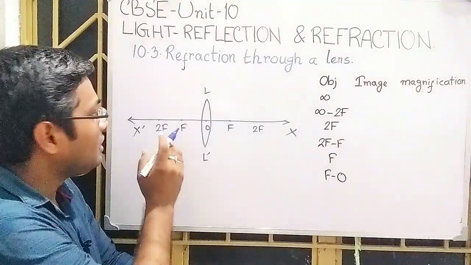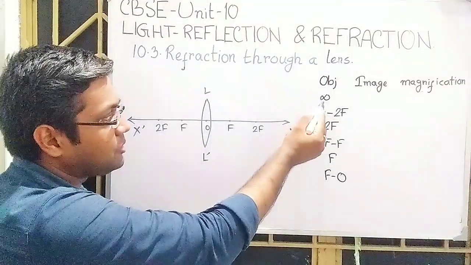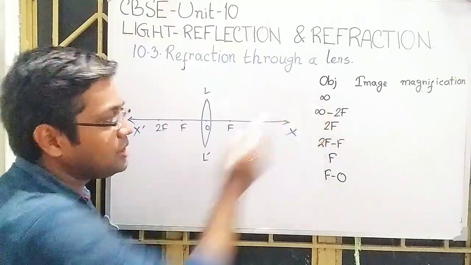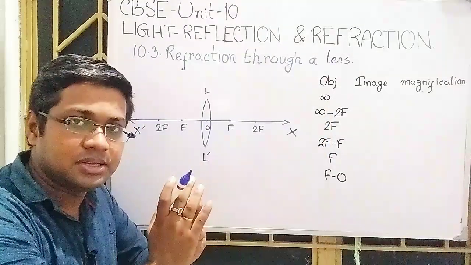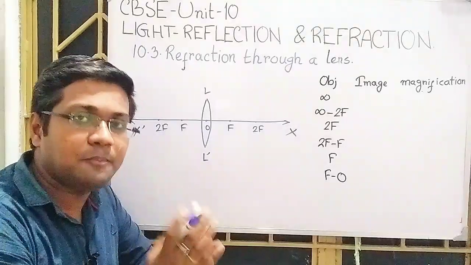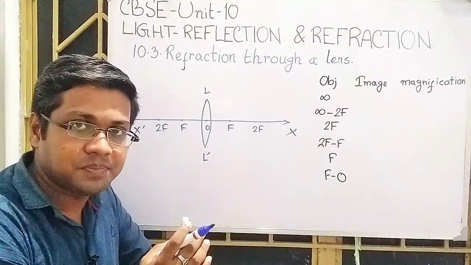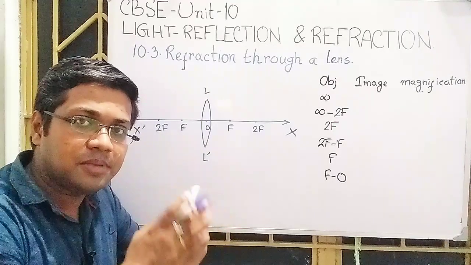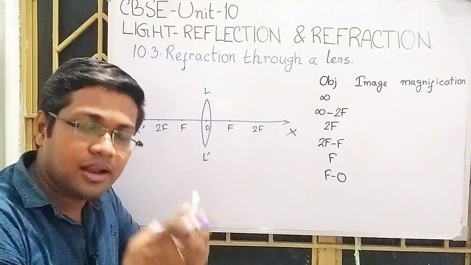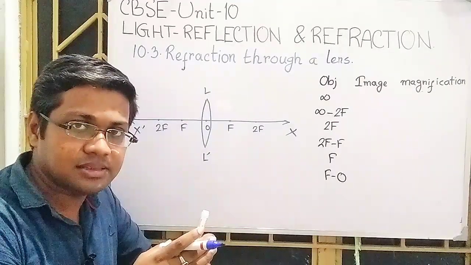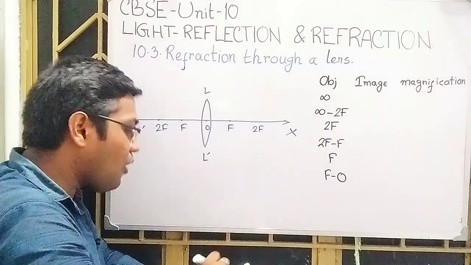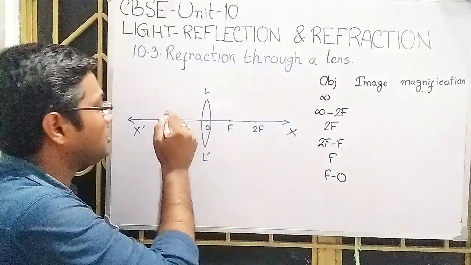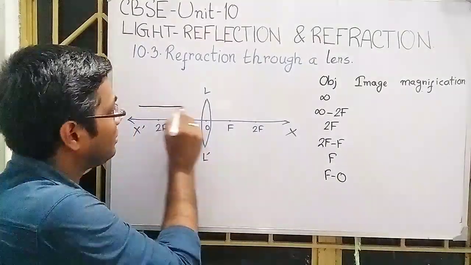Since the object that we have considered is placed at infinity, the rays coming from it are considered as a parallel beam of rays, parallel to the principal axis.